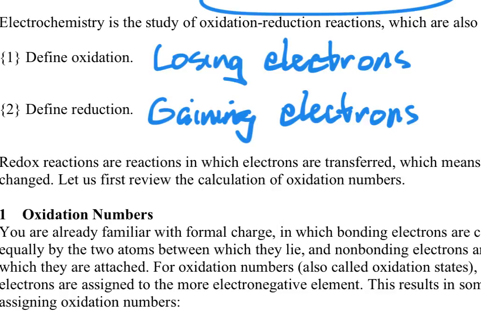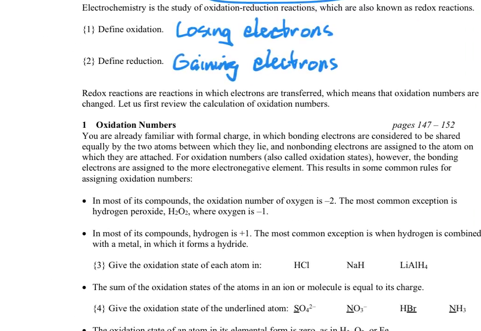Now, what's actually going on here is we're going to be tracking this process using an idea referred to as oxidation number. You can see that as our first main topic here. We've seen a related concept to oxidation number, and that is the idea of formal charge.